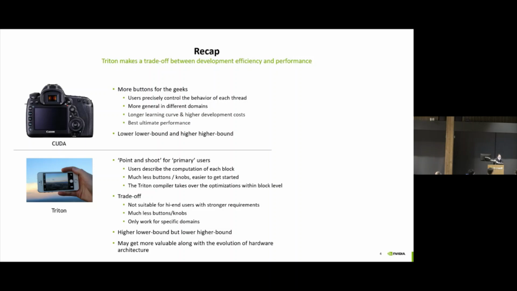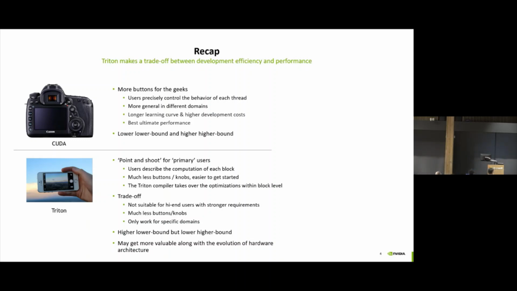Okay. And here is a very interesting slide I borrowed from my colleague Gustav. He tried to compare CUDA with Triton, just the echo field comparison. But here I just make the analogy that CUDA is something like a professional camera. You have a final control. You can control everything you want, and you have a lower bound for performance, but a higher bound for performance.